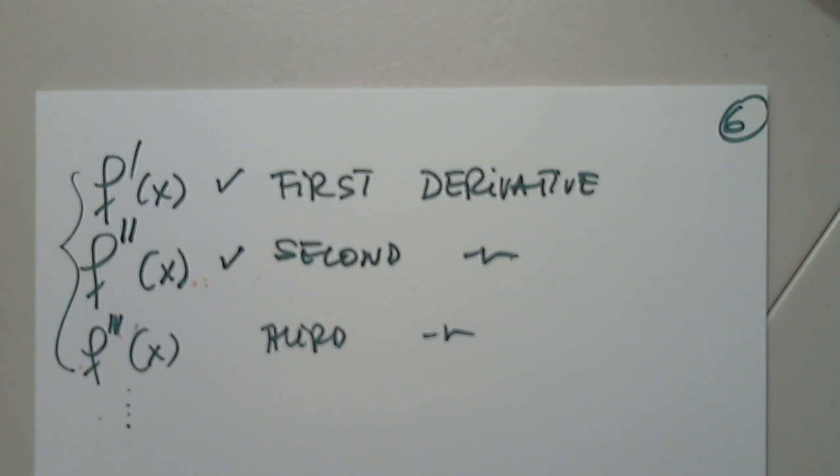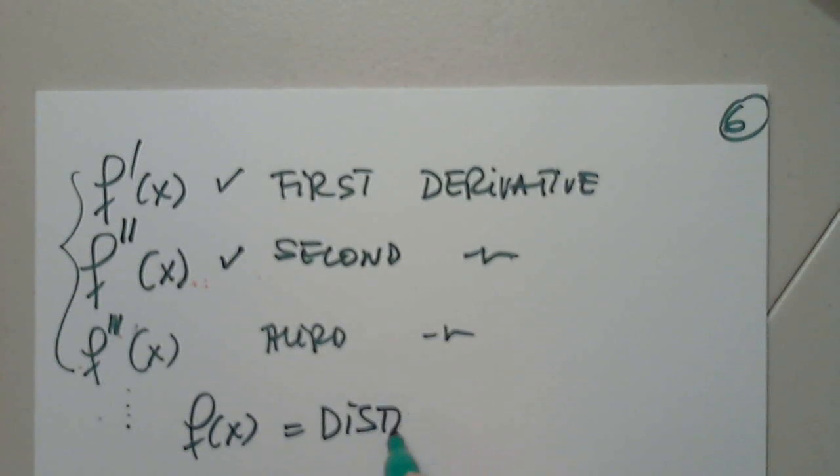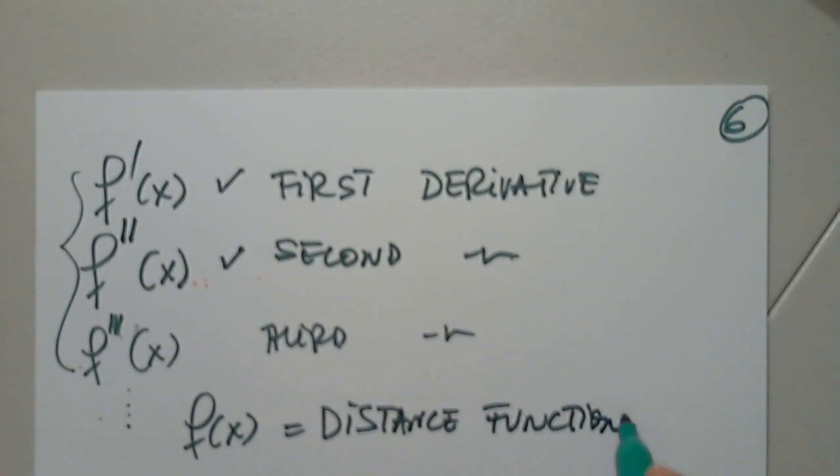So let's look at 51 and let's determine the first and the second derivatives. Also, another very important application, if this is the distance function, what will this represent?